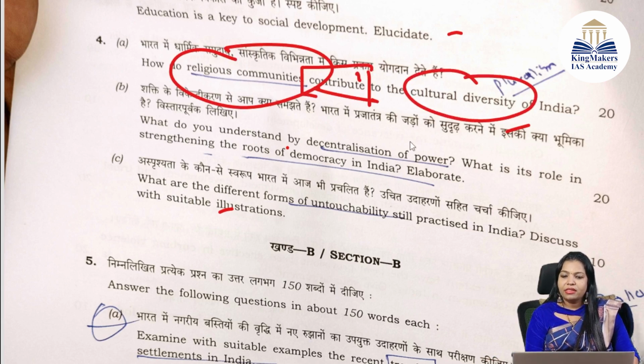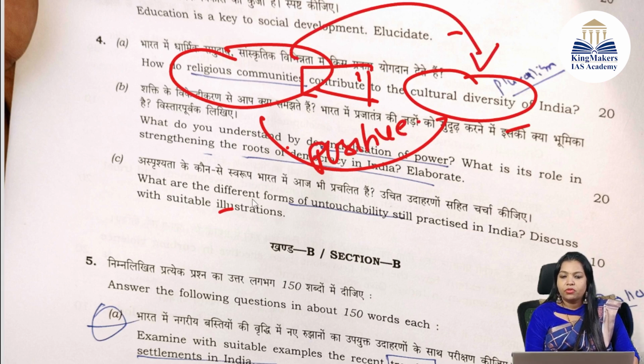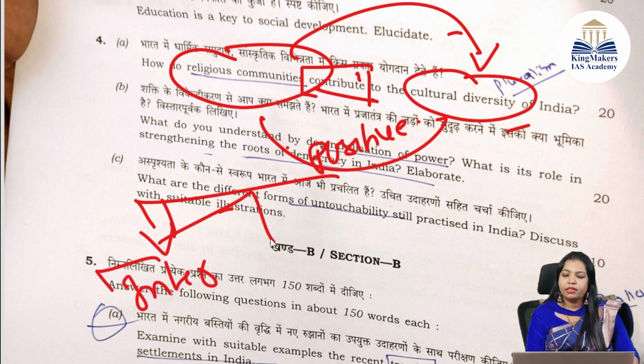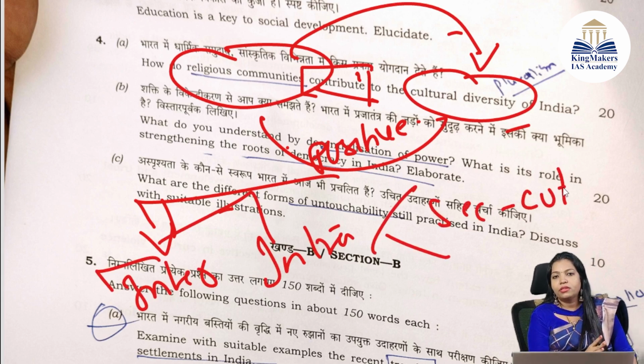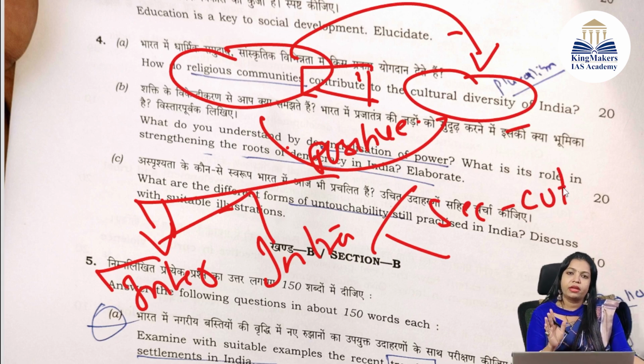Cultural diversity means how religious communities give a positive impact on our cultural diversity. So you have to mention what religious communities are present in India. You can say that in religious communities we have not only inter-religious but also intra-religious diversity, for example sects and cults. Again, for the structure of the answer, religion and society from Paper 1 you can quote here, and religion and society in Paper 2 also you can write here.